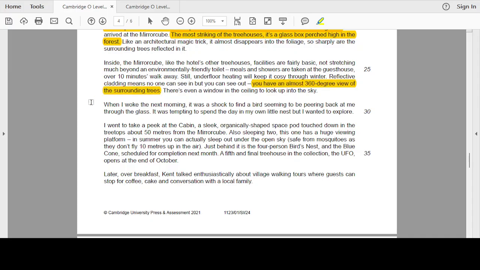Done. Okay. Any other possible points from this part?